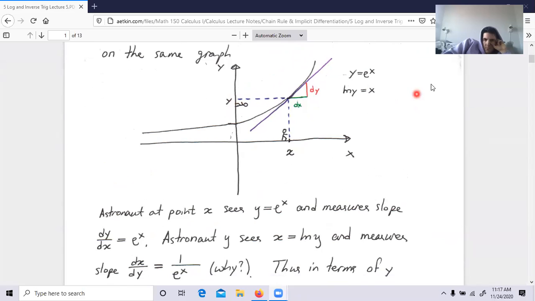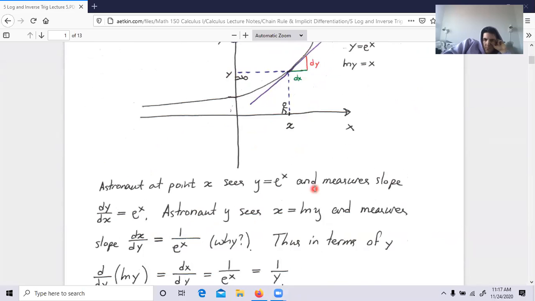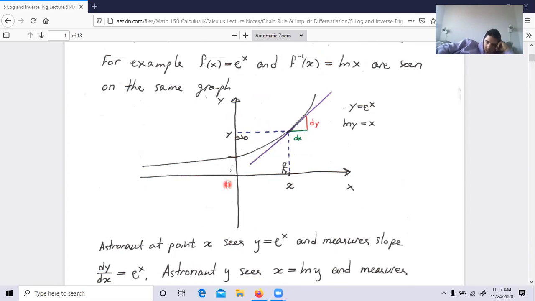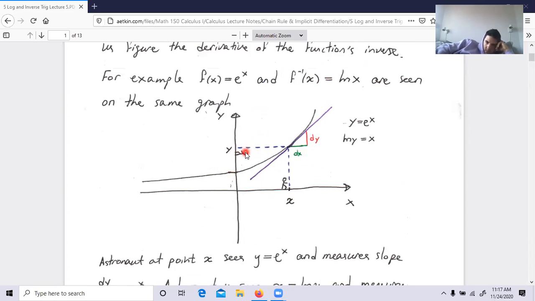It's an idea that is difficult to communicate. It's very easy to be confused with the y and the x, but really it's just an inversion of perspective. What's vertical is horizontal for the other guy. What's horizontal for the first guy is vertical for the second guy. They just do not agree. Their notions of horizontal and vertical are swapped.